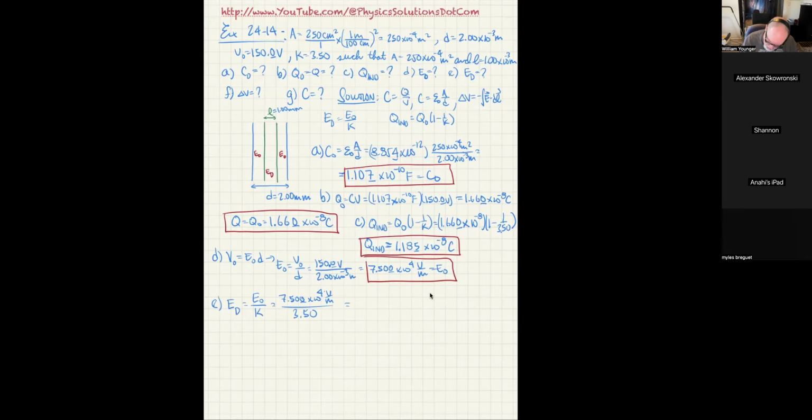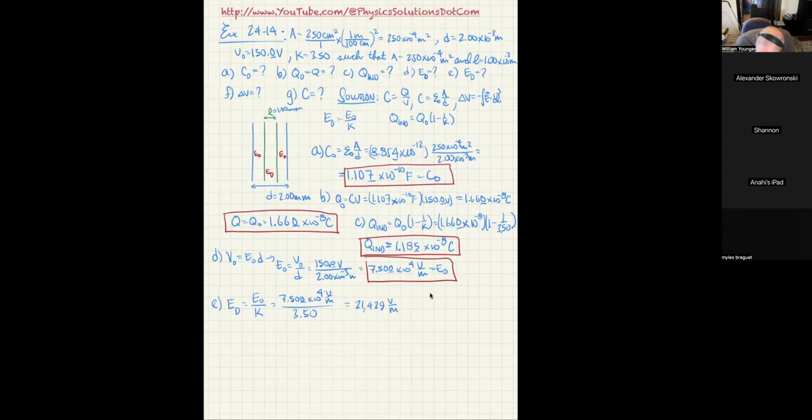Let's check this. That divided by 3.5 gives me 21,428. Technically, it should round to 29 volts per meter.